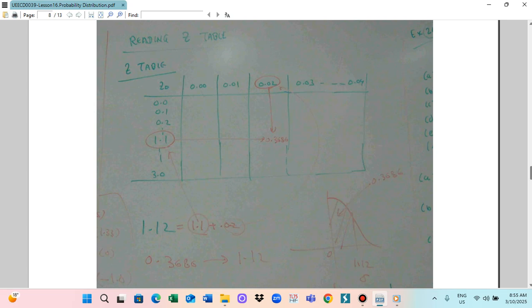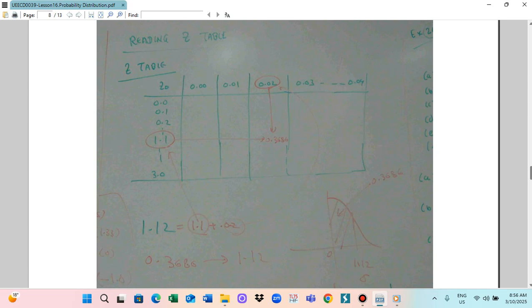So here you can see 0.3686. This number represents the probability. So Z0 is 1.12, which is 0.3686.